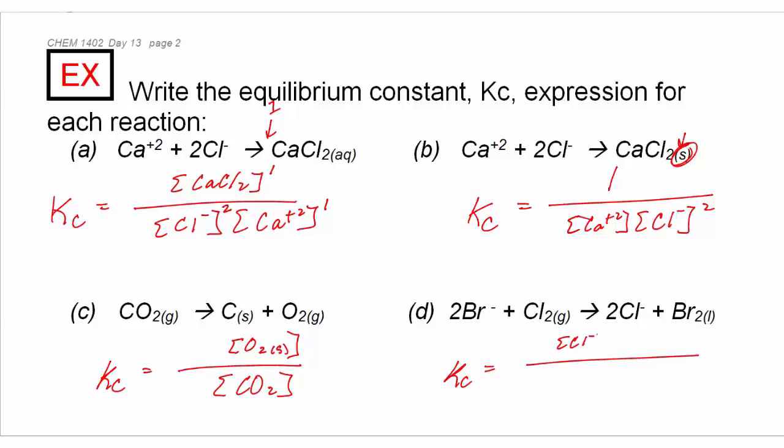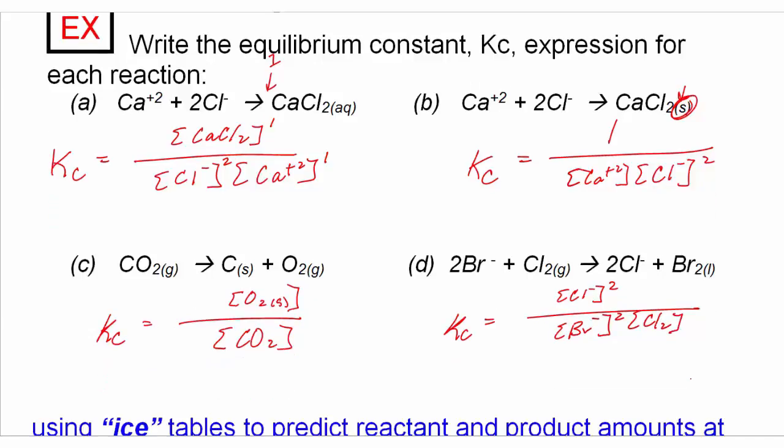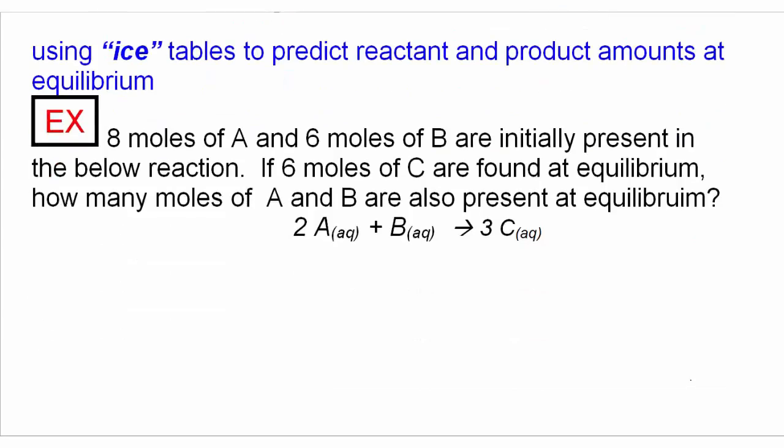Products, chloride squared, and bromine, you could say times 1, but you really don't need to. It's a pure liquid. Bromide concentration squared times the chlorine gas. Okay? Products over reactants raised to their stoichiometric powers.